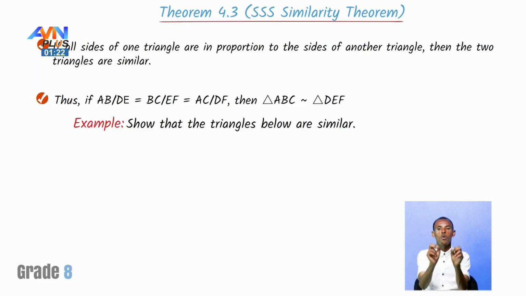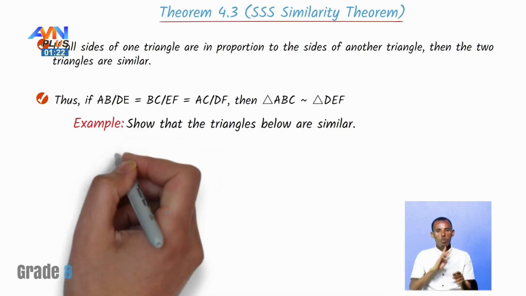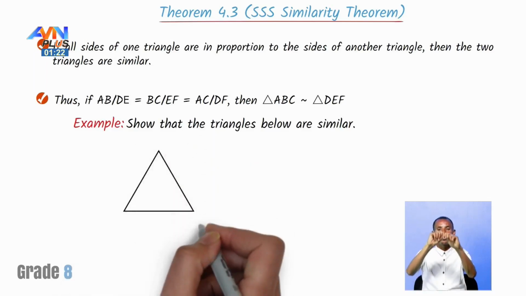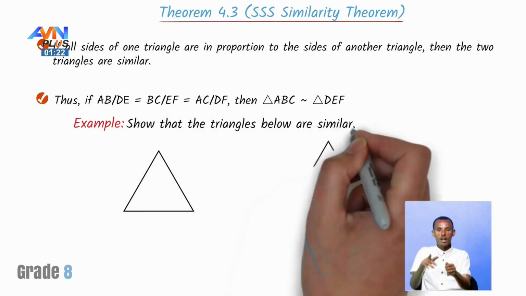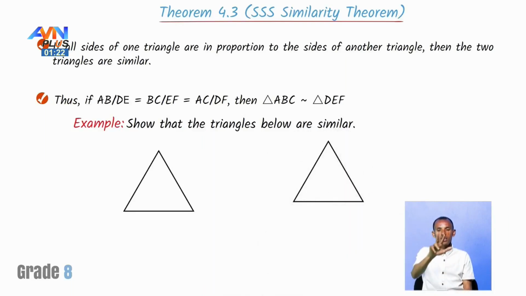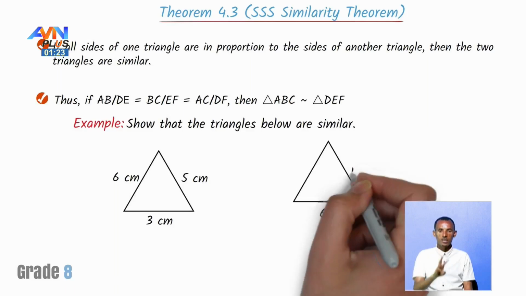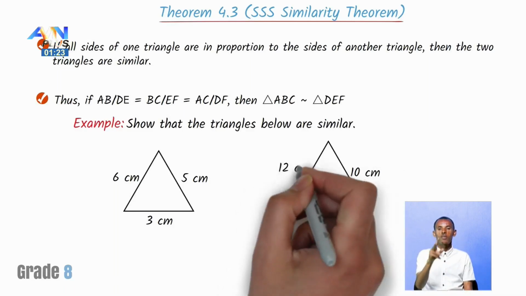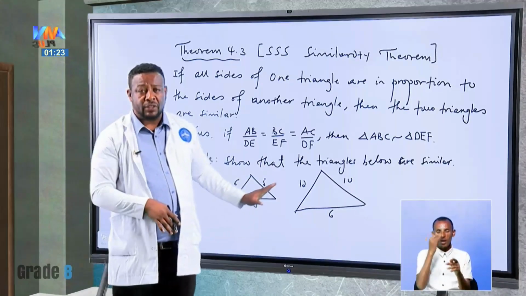Suppose we have two triangles with side lengths 3, 5, 6, and the other triangle 6, 10, 12.